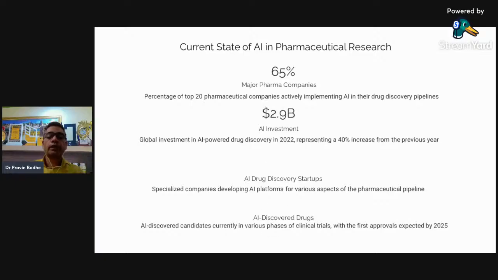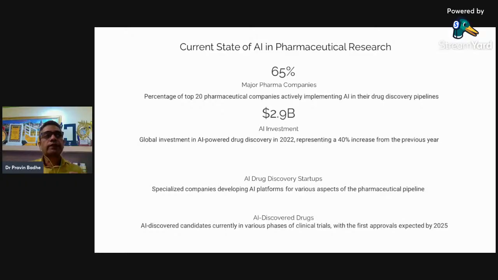And there is already 2.9 billion of AI investment in drug discovery utilizing AI, and those figures are from 2022. It has now increased. Already in 2022 it was 40%, and it has increased more than that now.